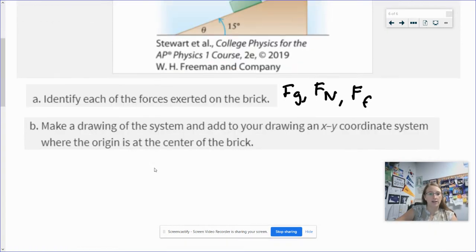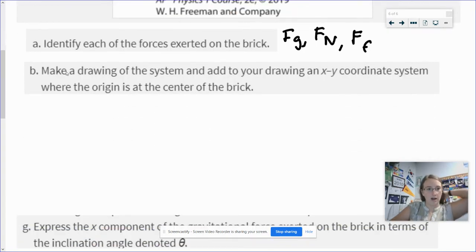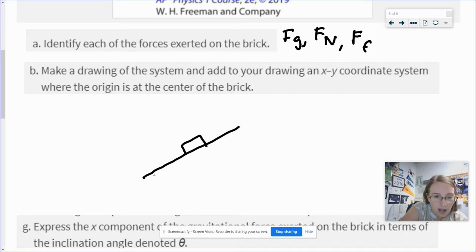So now we're going to go ahead and draw a picture of our system. We're also going to draw the x and y coordinate system we're going to use. So here is my incline and my brick. I have gravity pointing straight down. Now what I'm going to do first, actually I lied, I'm going to backtrack.